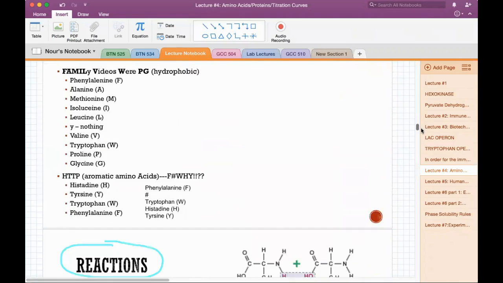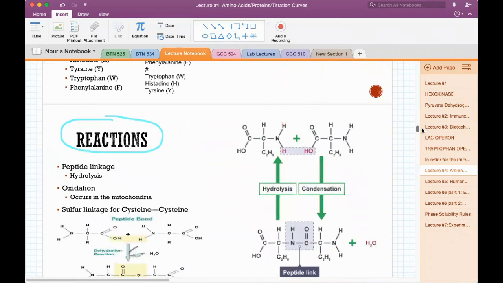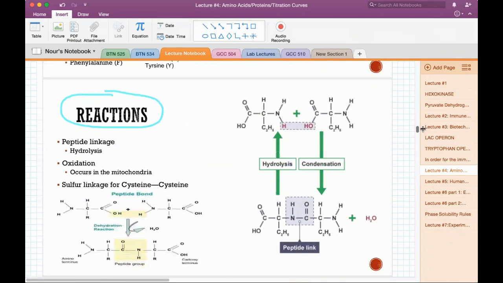You already know this. You can make a peptide bond essentially by going through condensation. No, what am I saying? That's mixed up. To make a bond, you do condensation: you take away water, and water is not in there.